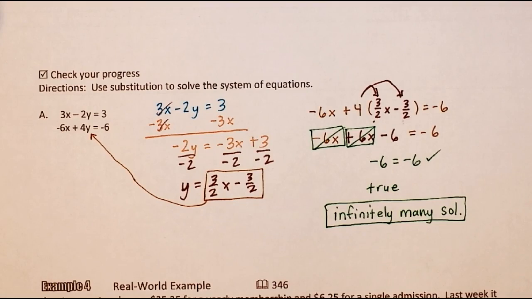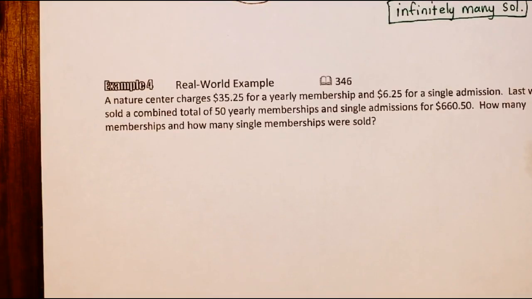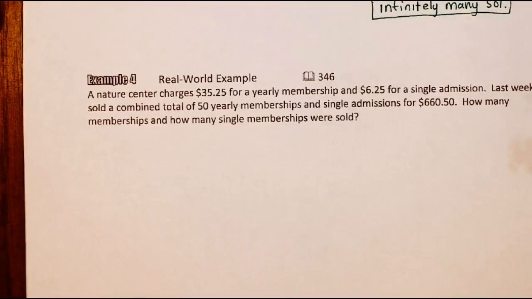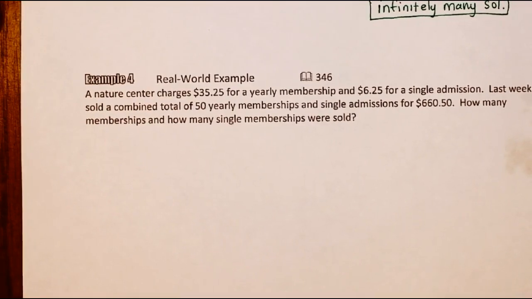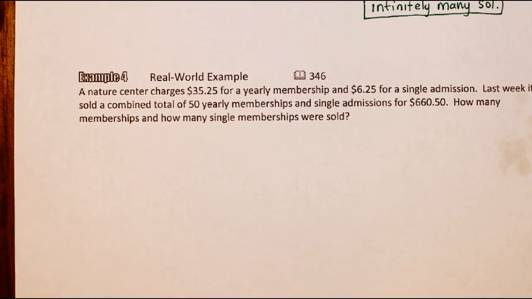So now we are left with our real world example. This is a word problem and how we can relate it to systems of equations. It says a nature center charges $35.25 for a yearly membership and $6.25 for a single admission.